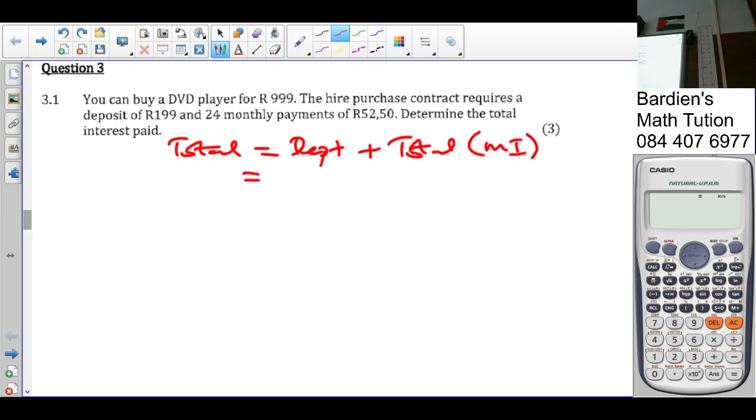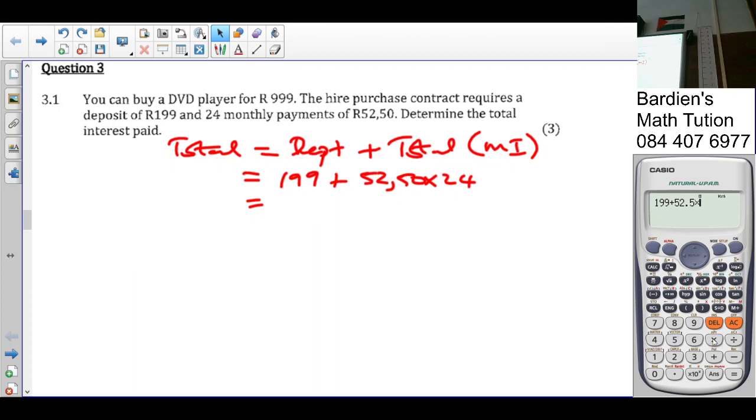So your deposit is 199 Rand plus 52 Rand 50 multiplied by 24 months, which gives us a total of 1,459 Rand. But the question was for the interest.